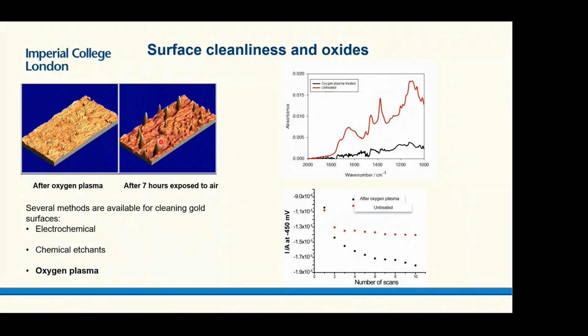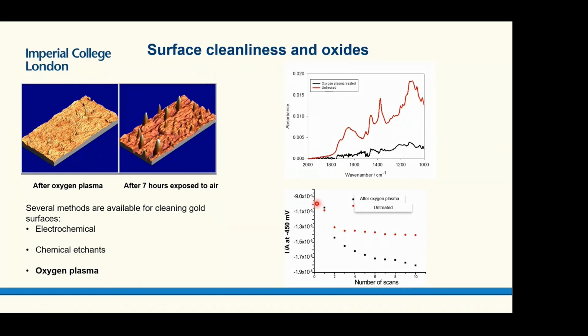The point is that the presence of these organics and particles on the surface will affect the formation of the self-assembled monolayer as well as the formation of the protein layer, creating defects on the surface. And these have a deleterious effect on the performance of the immobilized protein on the electrode.